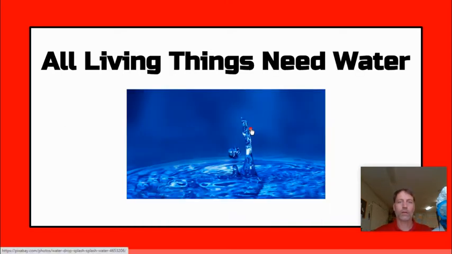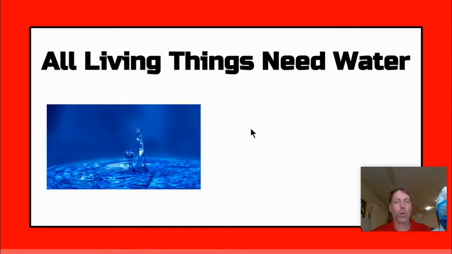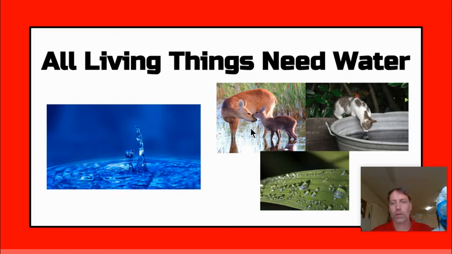The next thing all living things need is water. They must have water. For something to be alive, it needs water in some fashion. You might think right away that they need water, like a deer or a cat drinking water, or this plant needs water to live and do photosynthesis and to survive.